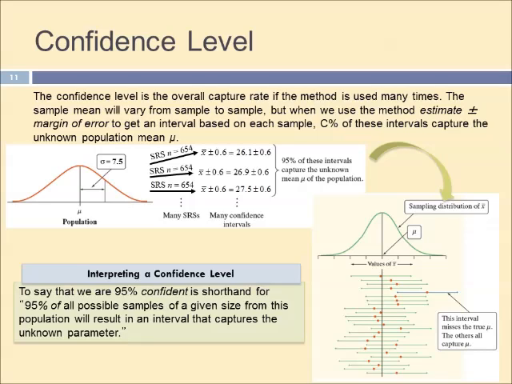So, to interpret a confidence level, we say we are 95% confident that all possible samples of a given size from this population will result in an interval that captures the unknown parameter.